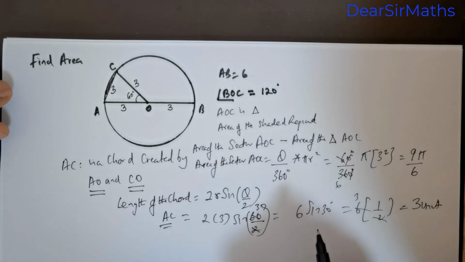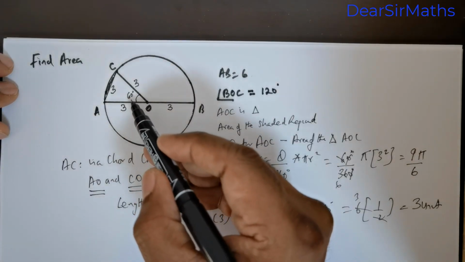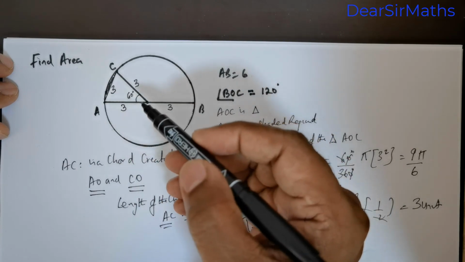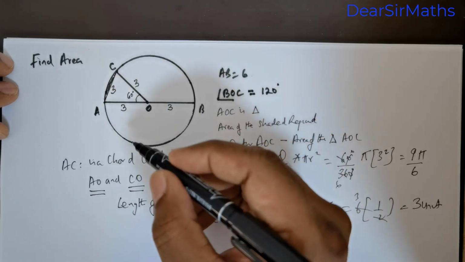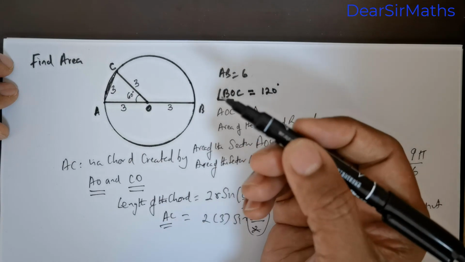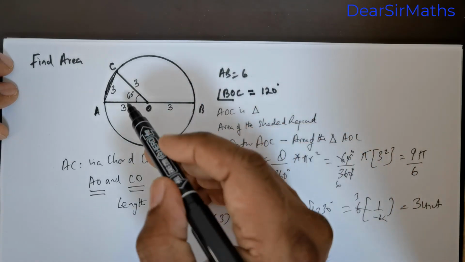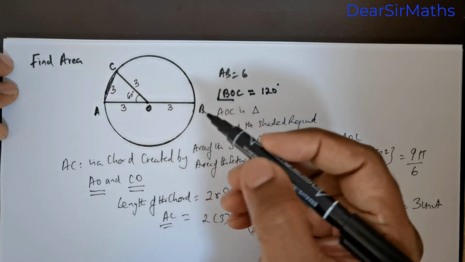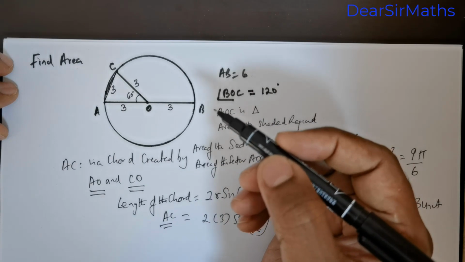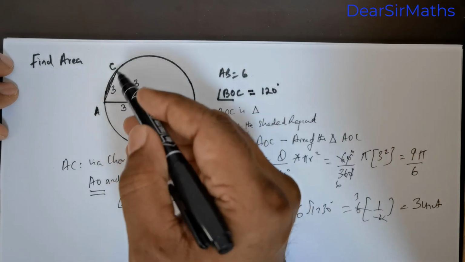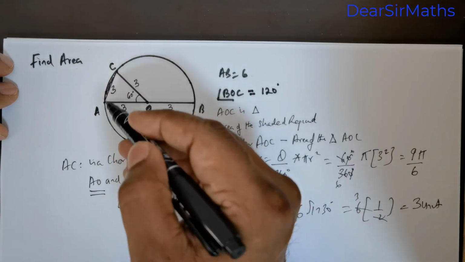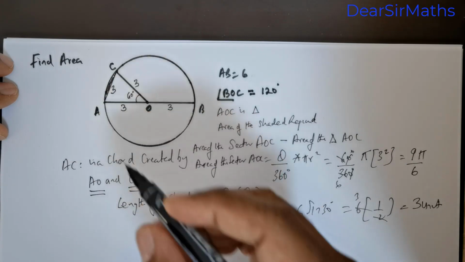But what if the angles are different or the distributions are different? So we need to ensure that we are catering to all differentiations, right? So we have got the side, or I should say the chord AC.